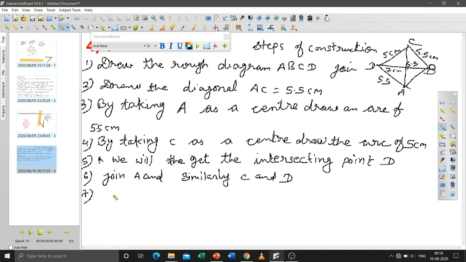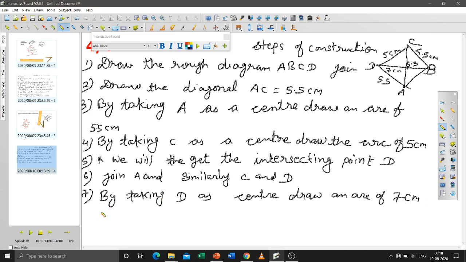Seventh step, by taking D as a center, draw an arc of 7 centimeter.